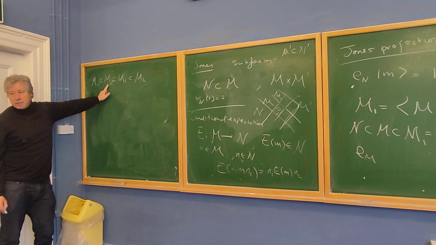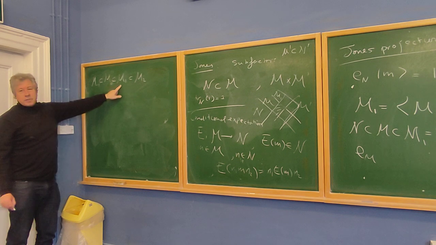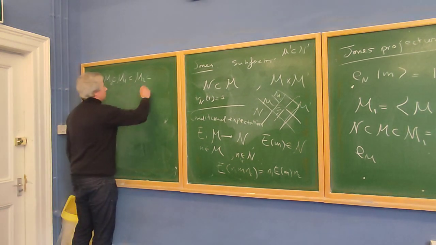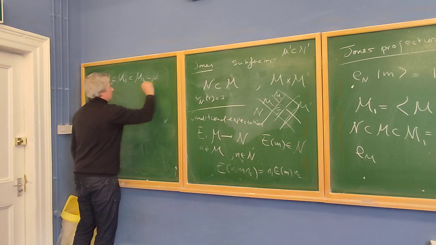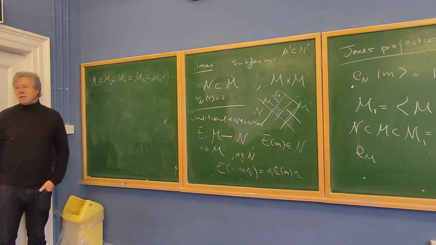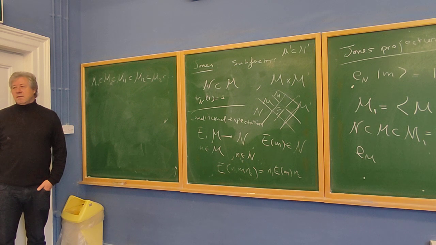I had a projector, and then I have a projector in here, and I keep going. Okay, so it's kind of like writing down SUN inside SUN plus 1, inside SUN plus 2, just simple projections for all of them.